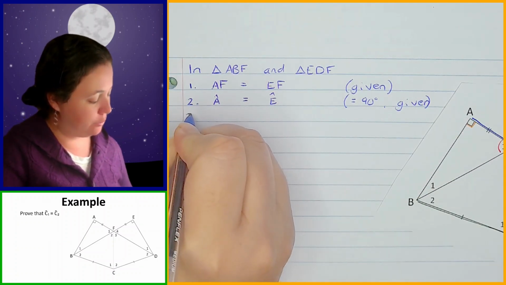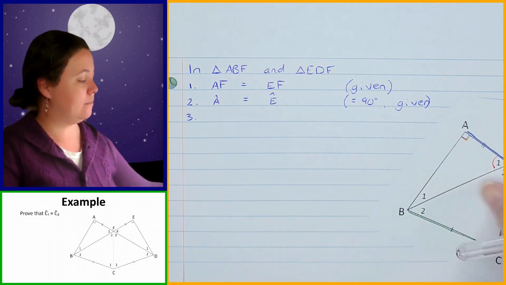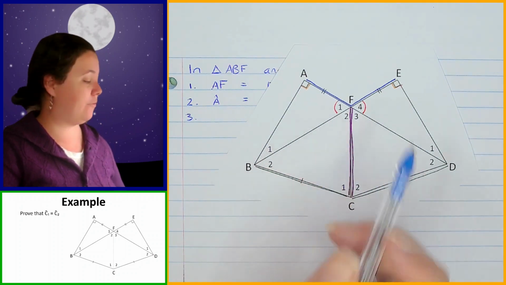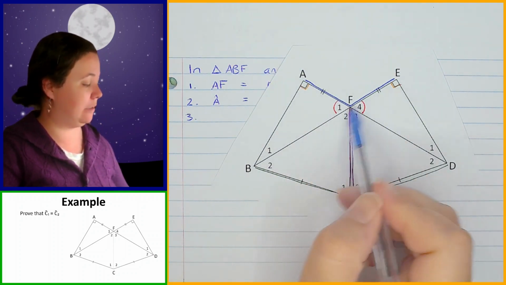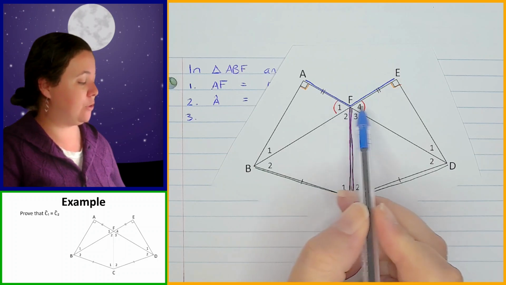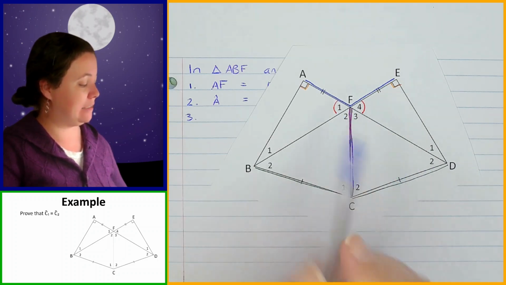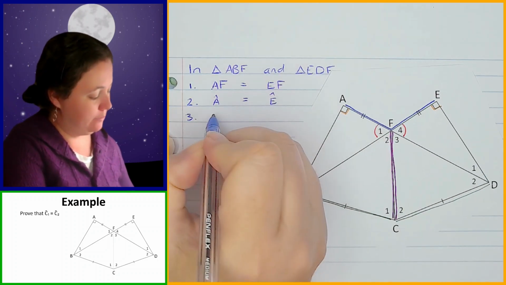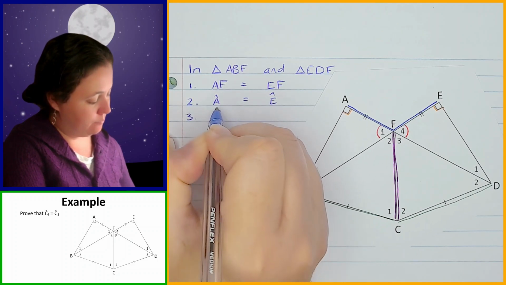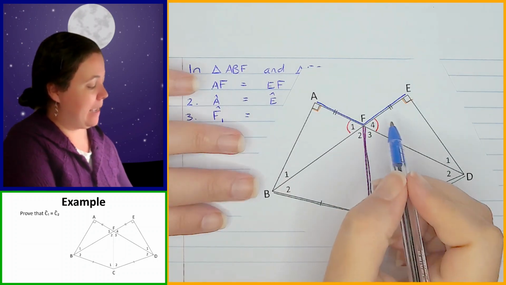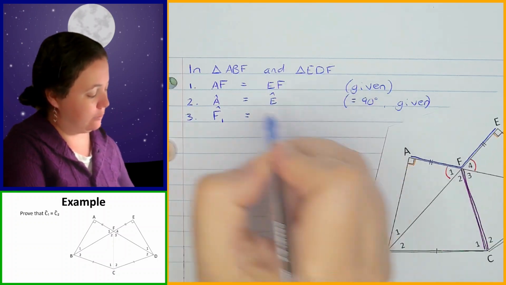Okay, then 3. The third pair of things that are the same in these two triangles are these two angles over here. Angle F1 is in this triangle, so angle F1 equals angle F4 in that triangle.